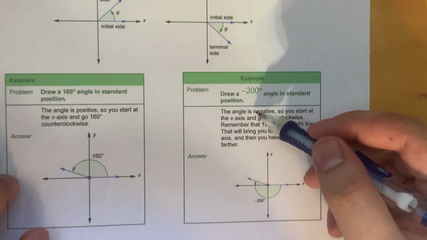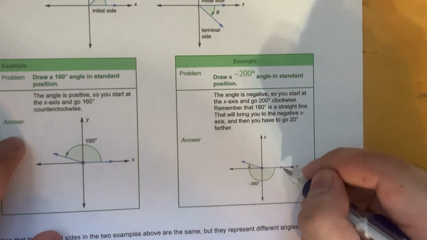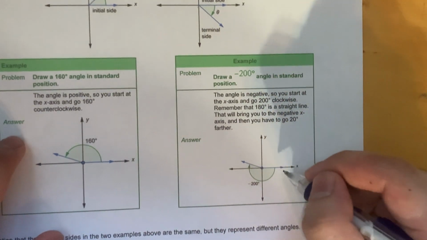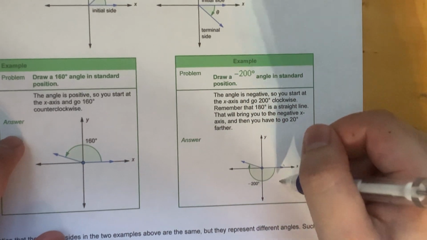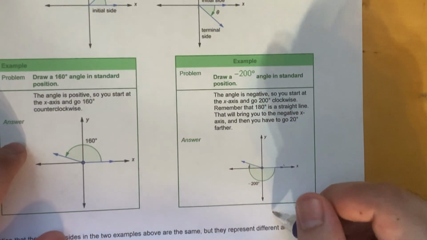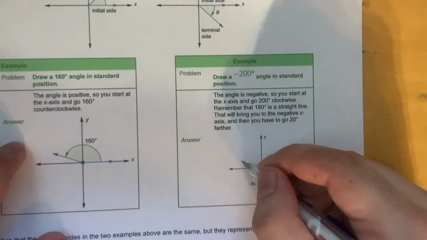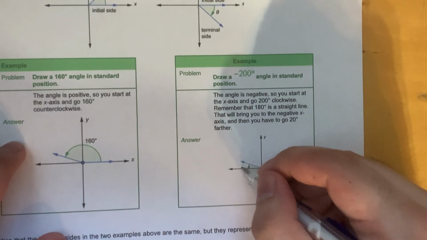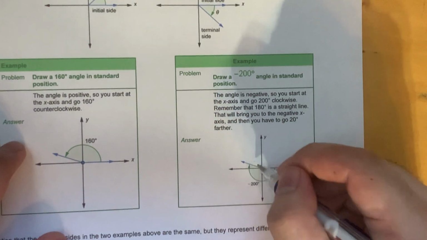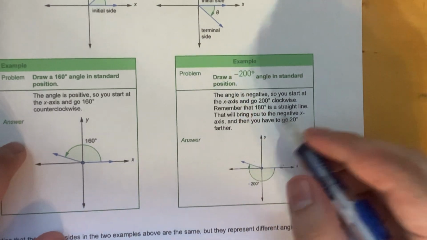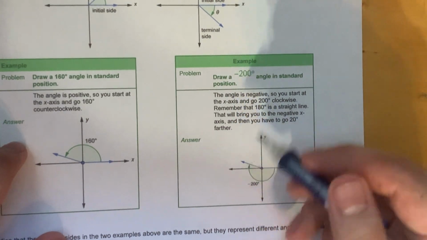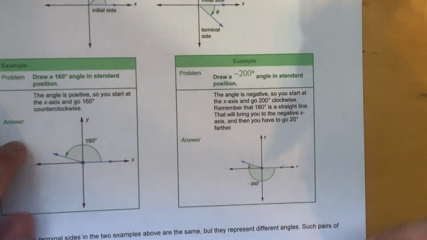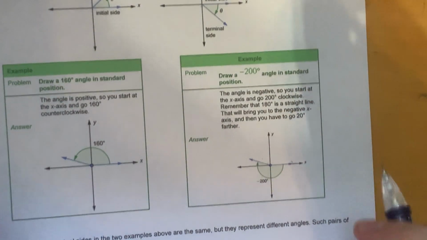If it says negative 200 degrees, we're going to start at the same area, quadrant 1, positive x, and we're going to go the clockwise direction to get negative 200 degrees. Then we're going to draw our right triangle along the x-axis from here and create our new coterminal angle. And then we could figure out which one's root 3/2 using our trigonometric identities.